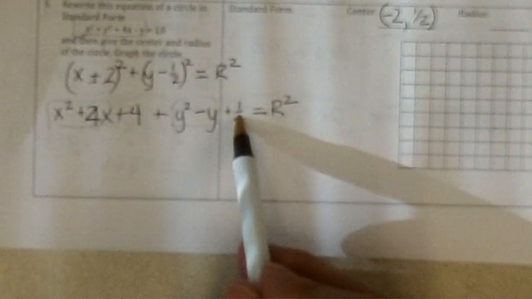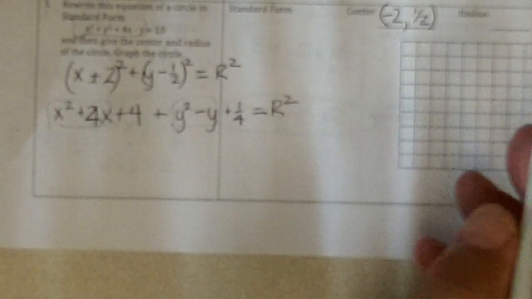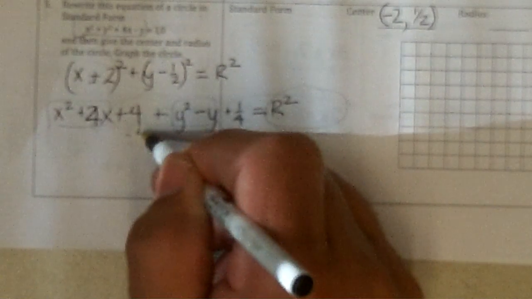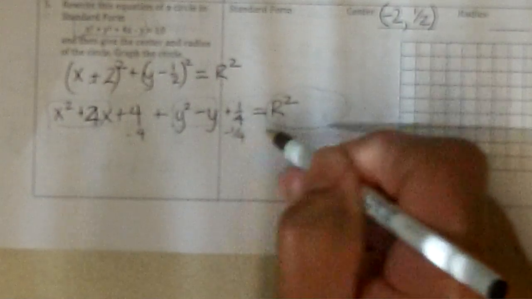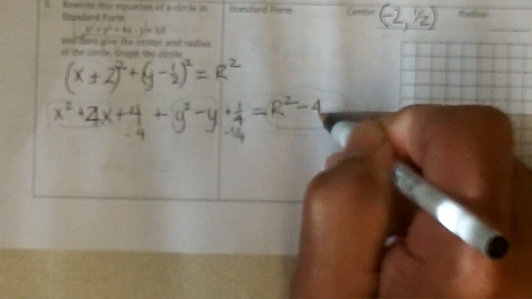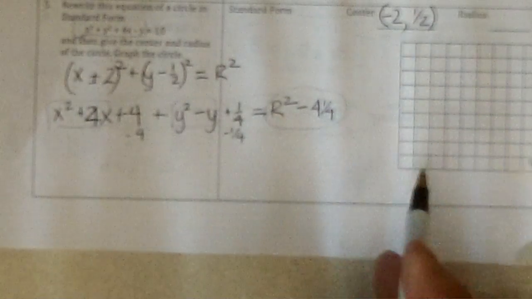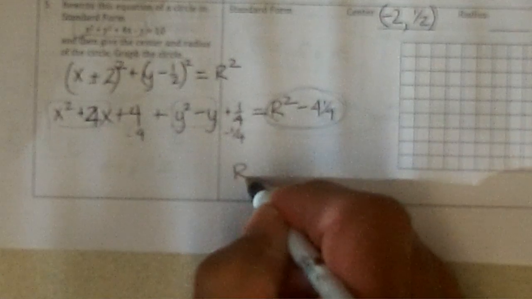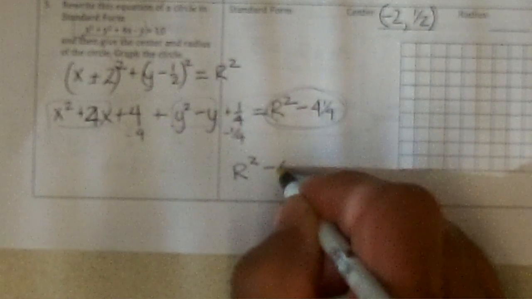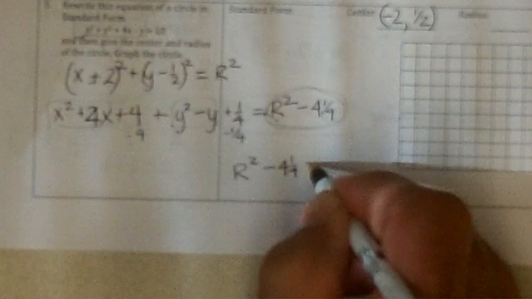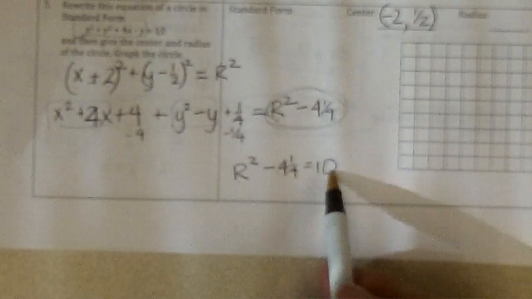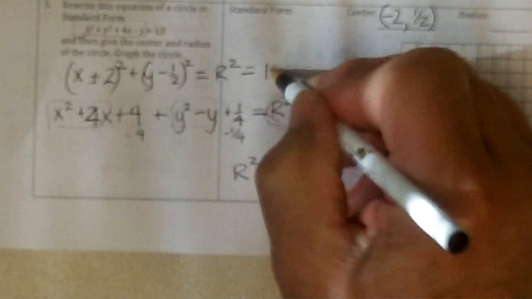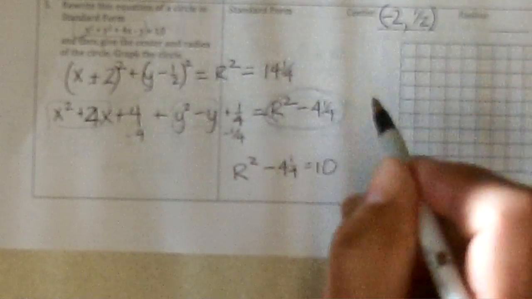So the 4 and the 1/4 need to go to the other side to make the 10. So if I subtract 4 and 1/4 from both sides, this is what the 10 is made of. So I've got r squared minus 4 1/4 equals 10. So if I add 4 1/4 to both sides, I know what r squared is, and that's 14 1/4.